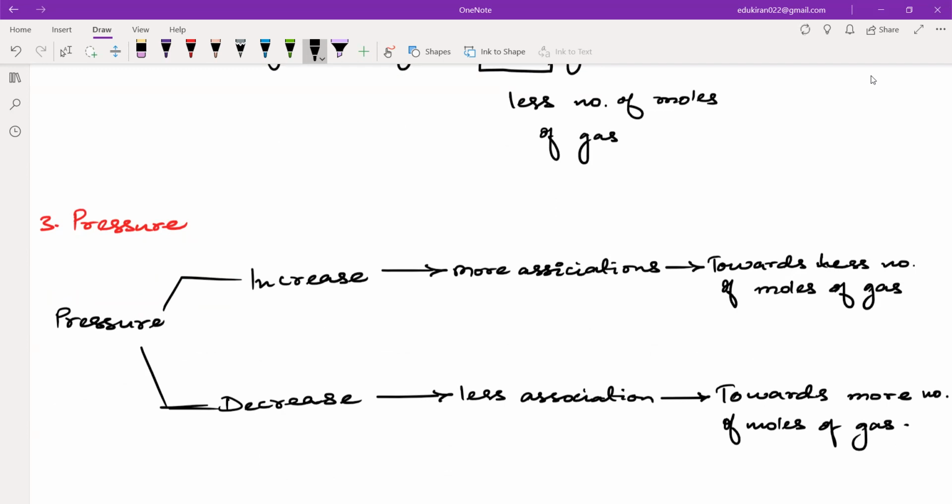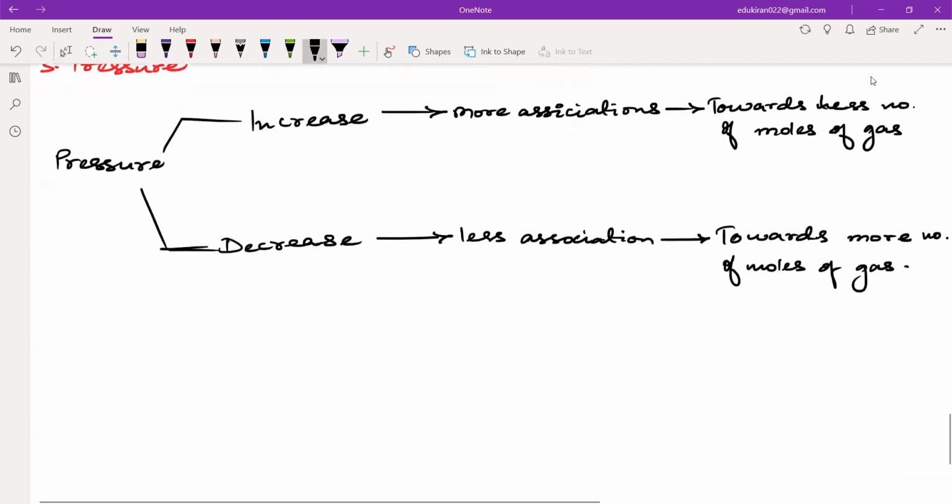Yes, sir. Okay, but let us see if we have some H2 plus I2. I2 may be solid also. So I can say H2 plus Br2, both of these are gas, and they give HBr. HBr is also gas, 2HBr.